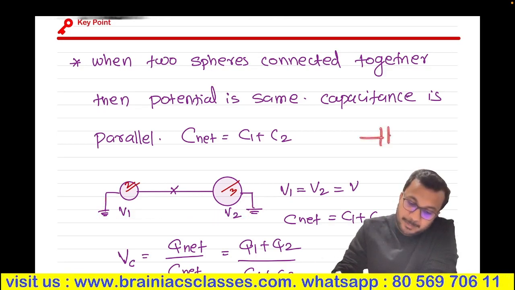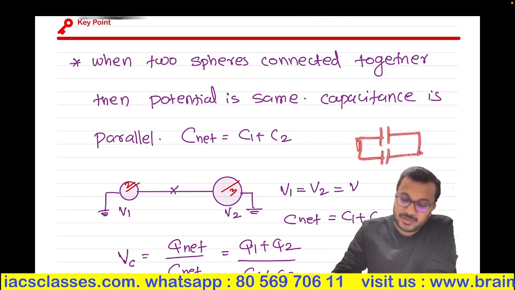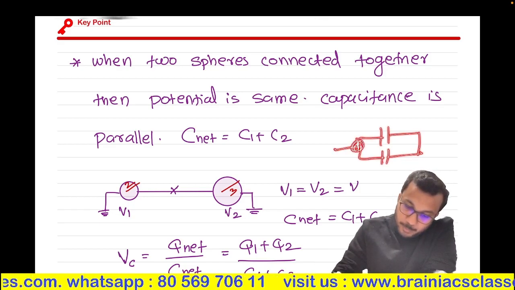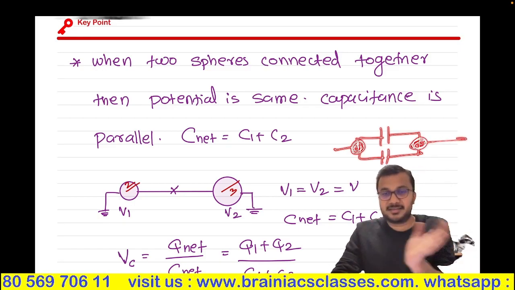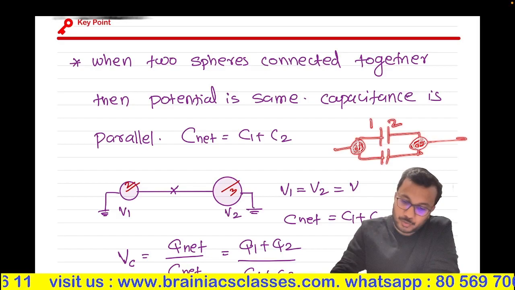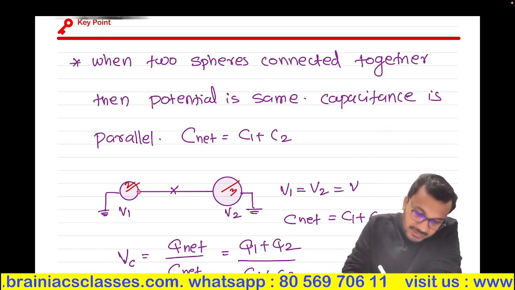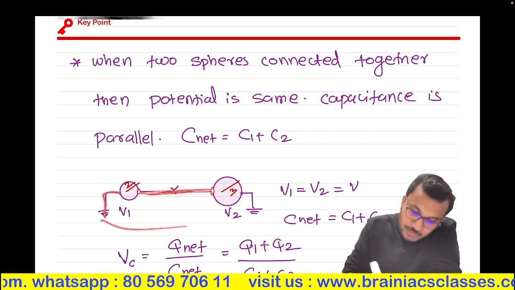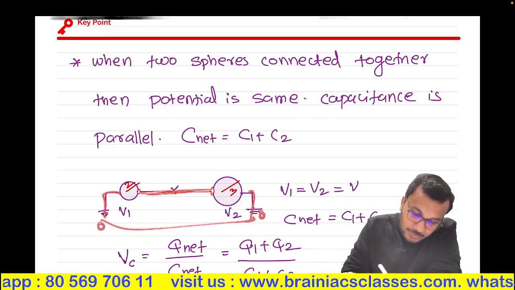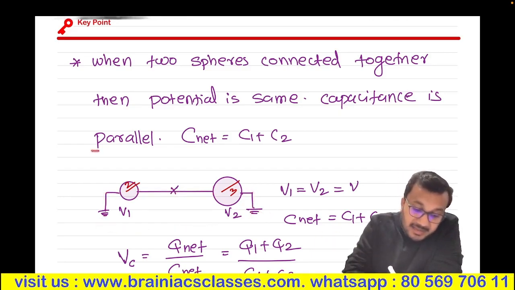So plate 1 and plate 2 of each are connected: one side is connected to one side, and the other side is connected to ground. Ground means zero voltage. That is a parallel connection.